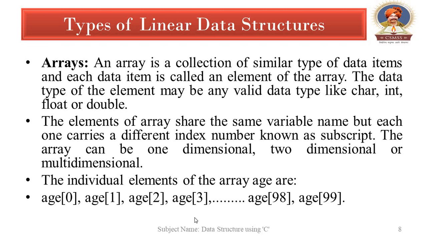The elements of an array share the same variable name but each one carries a different index number known as a subscript. The array can be one-dimensional, two-dimensional or multi-dimensional. The individual elements of the array age are age[0], age[1], age[2] and so on.